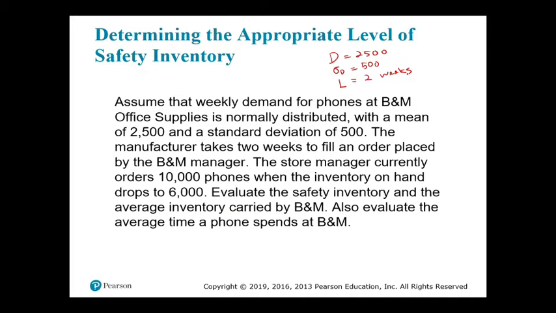And the store manager currently orders 10,000 phones when the inventory on hand drops to 6,000. So what does that tell us? Q is 10,000 and ROP is 6,000.